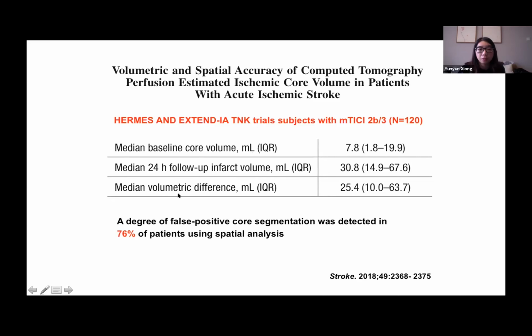And they found that the median volumetric difference was 25 milliliters. And all these patients had a thrombectomy with very good successful recanalization. So basically, these patients should not have this large infarct progression. And 36% of these patients also had a spatially false positive core. So this is a wrong spatial designation for the infarct.